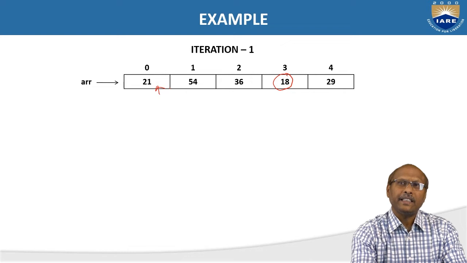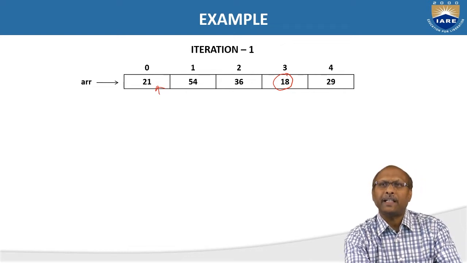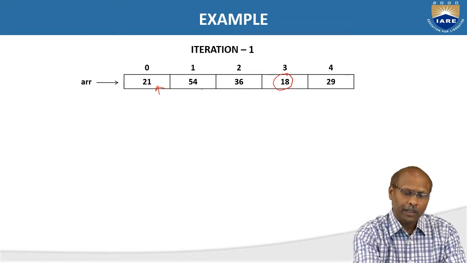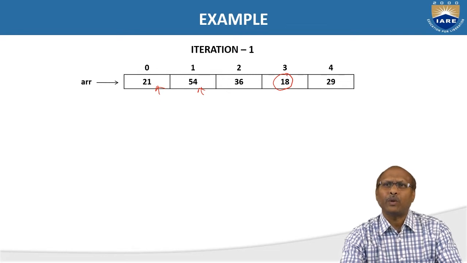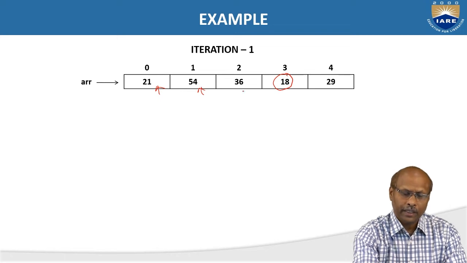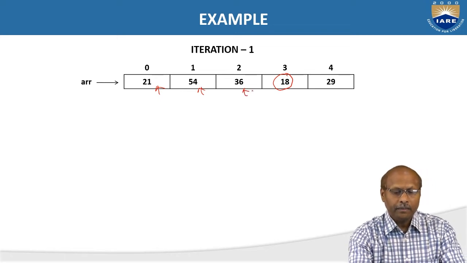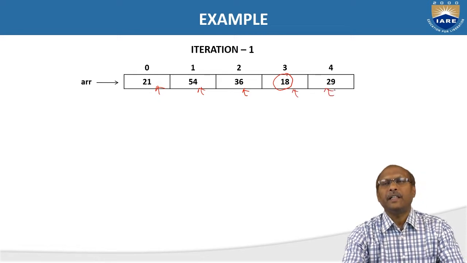In the second iteration, the second smallest element will come. Which is the second smallest after 18? 21. So 21 will come here. After the second minimum, you will find the third minimum. 18 and 21 are over, the next will be 29. Then 36, and then 54. Like this, it will repeat.